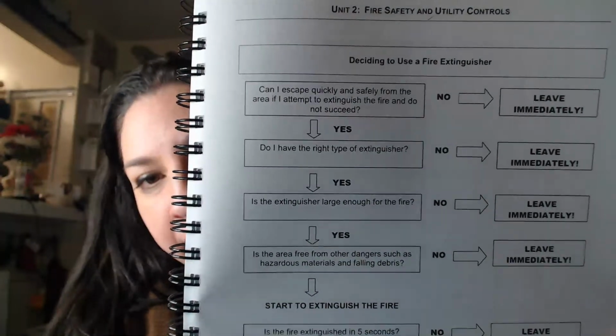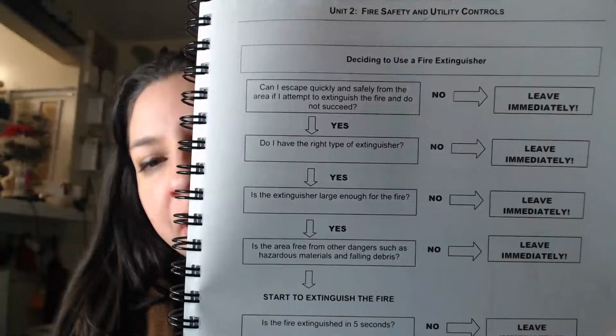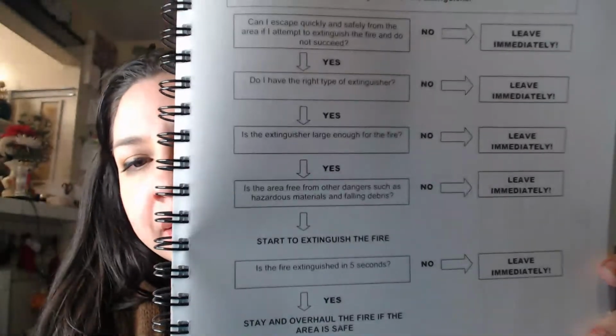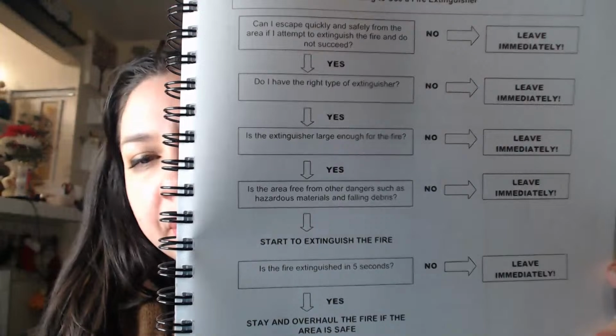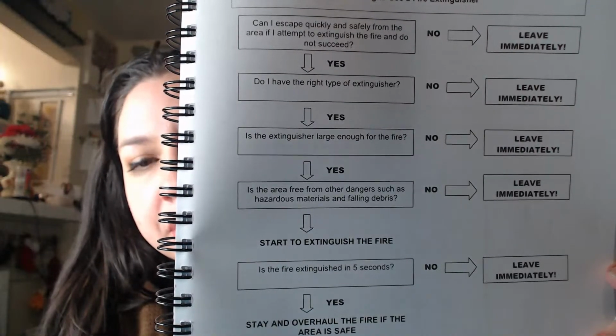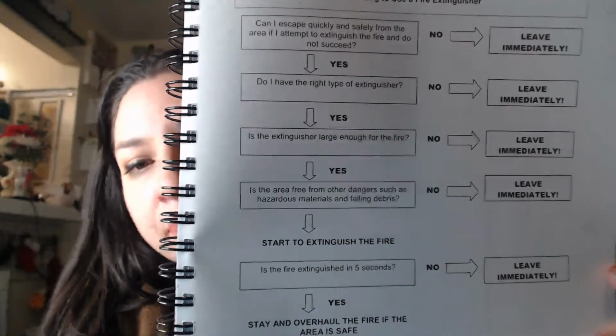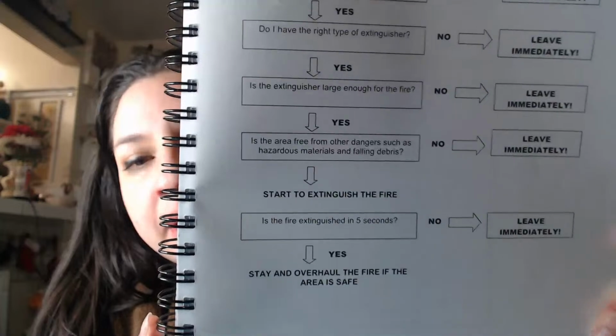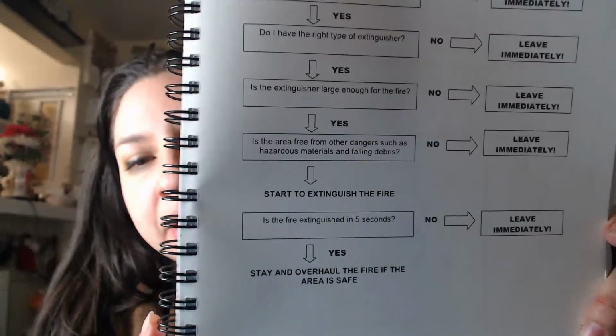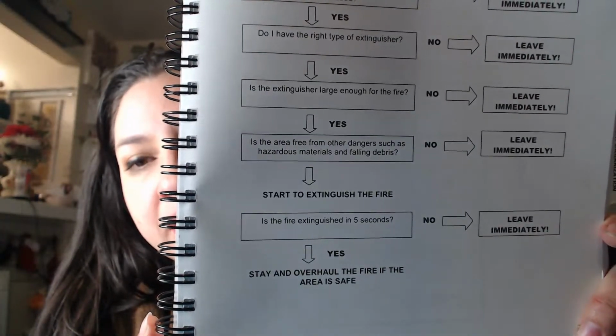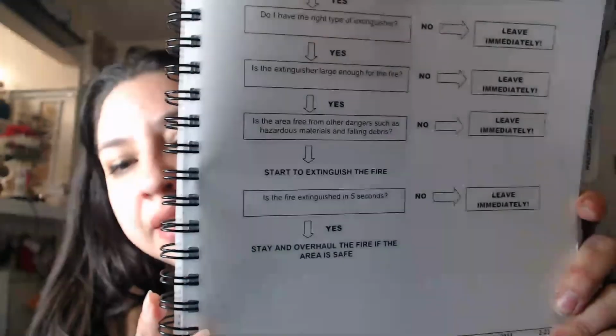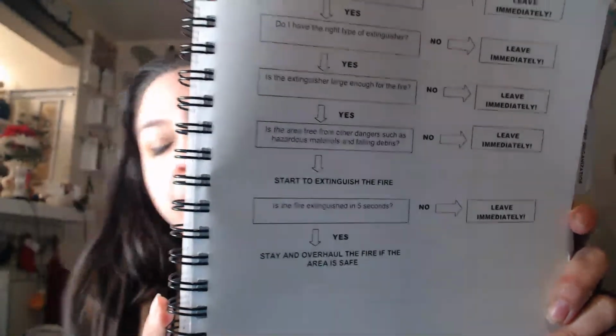No, leave immediately. Yes. Is the extinguisher large enough for the fire? No, leave immediately. Yes. Is the area free from other dangers such as hazardous materials and falling debris? No, leave immediately. Yes, start to extinguish the fire. Is the fire extinguished in 5 seconds? No, leave immediately. Yes, stay and overhaul the fire if the area is safe. It's pretty easy.